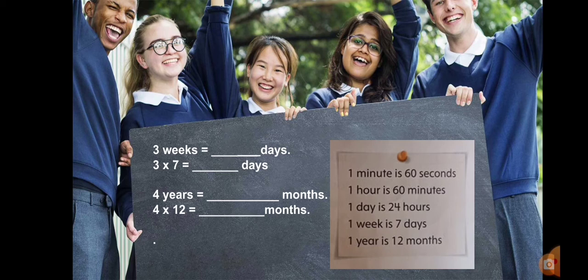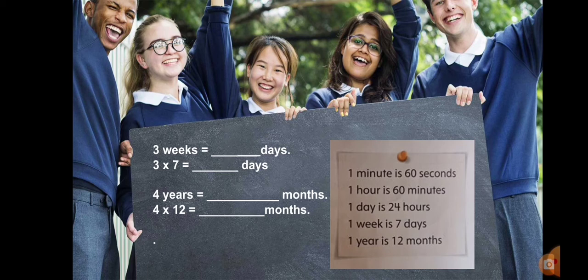They have given you the key in your books. 1 week has 7 days. You can count yourself: Monday, Tuesday, Wednesday, Thursday, Friday, Saturday and Sunday. We have 7 days in 1 week. So multiply this 7 by the 3 weeks and you will get the answer.